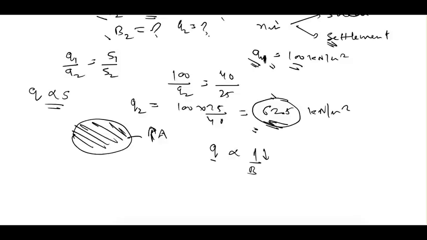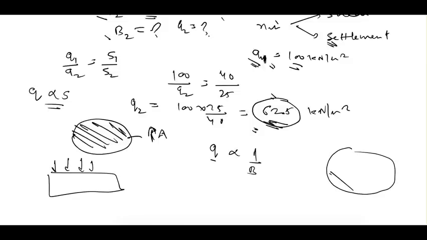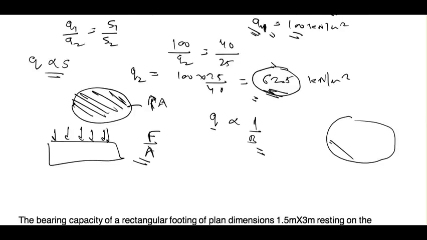So it means that Q is inversely proportional to B, because if we can apply more pressure, then pressure is given as force divided by area. So if we are increasing the pressure, it means that we are decreasing the area. So that's why it is inversely proportional here. So Q is inversely proportional to B. So from here I can write Q1 upon Q2 is equal to B2 upon B1.